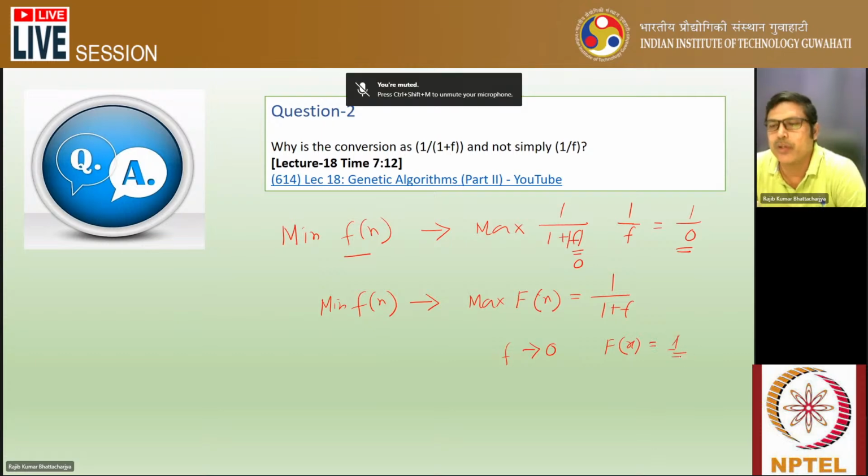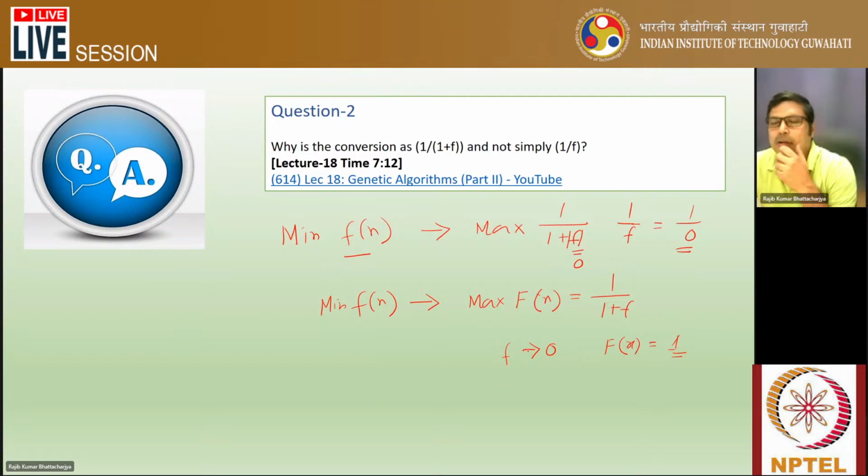So the maximum value you are getting is 1. And suppose f is infinity, a very large number, then capital F you are getting is 1 by infinity. So therefore the maximum value you are getting here is 1. So you can do that.